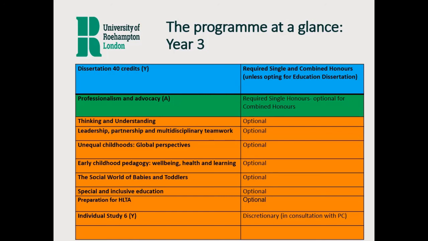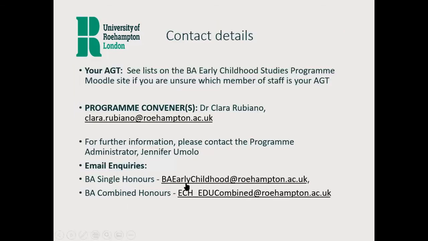But yes, there are all the different modules, and you need to select which term you want to take your module in the allocator system. We haven't assigned them to particular terms as yet, so you pick that when you go into the allocator system.